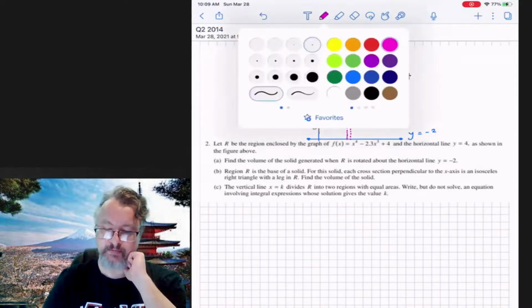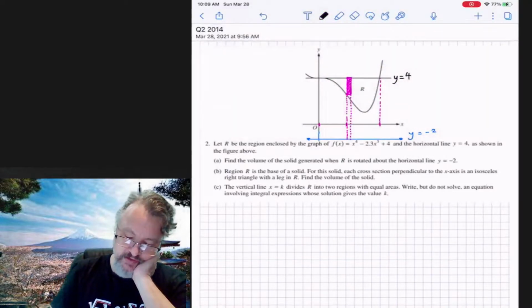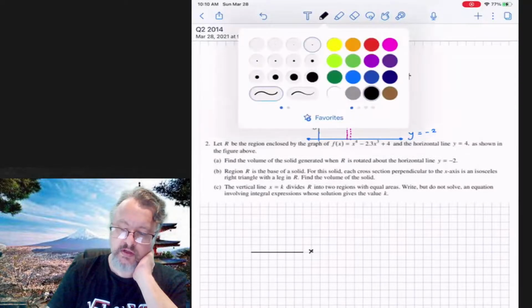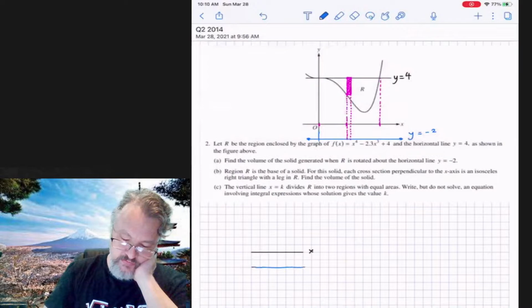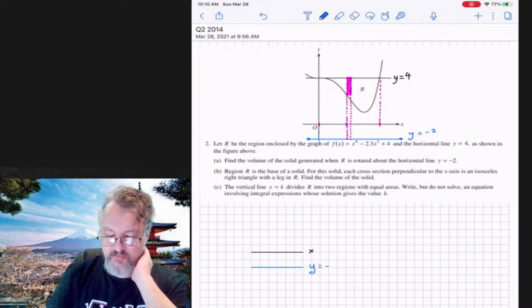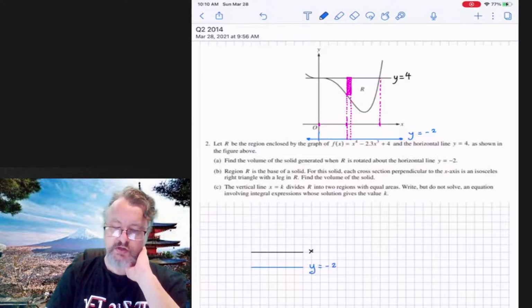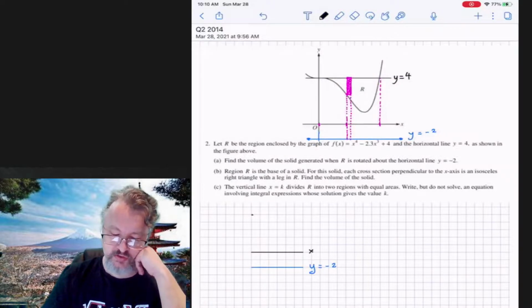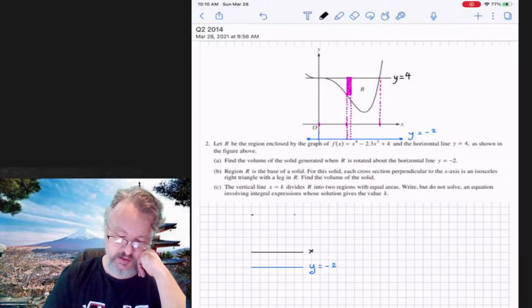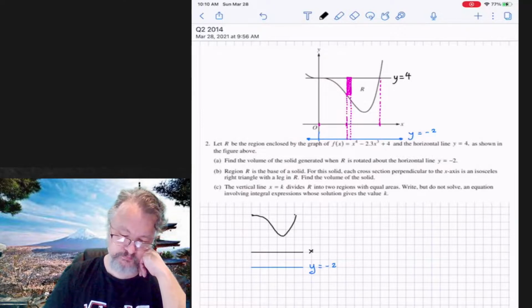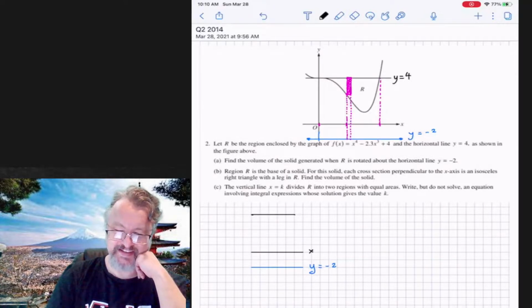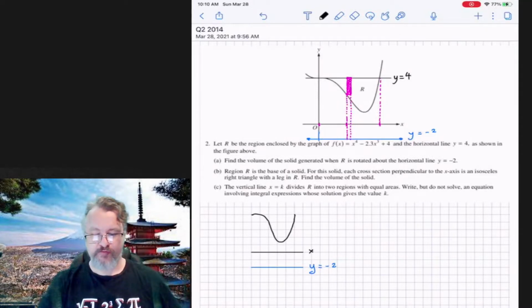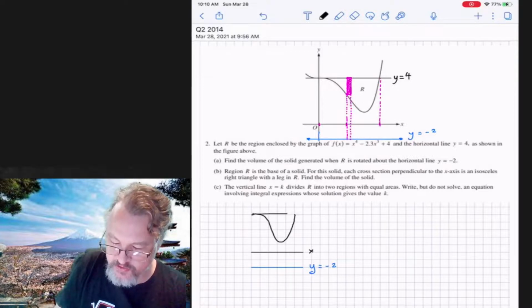So let me draw that again. We're going to have right here the x-axis. Right here, we're going to have the line of equation y equal -2. We are going to have the region R that's going to be approximately this. I don't have a spline feature right here. It's going to be approximately this with a horizontal line right there.